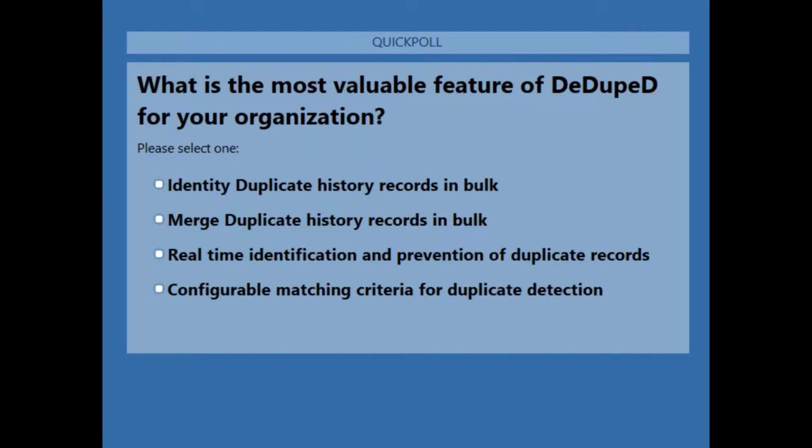Now we have a tie between three of our options, that is the historical data merging, identification, and then real-time detection and prevention. That covers 90% of DeDupeD. So that means that you like the entire part of DeDupeD. That is really great, right?